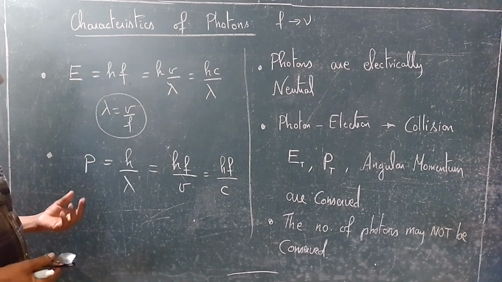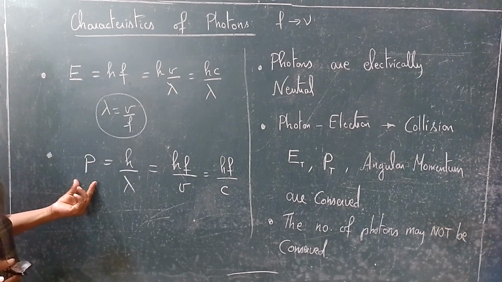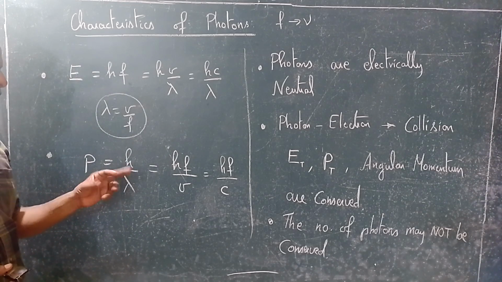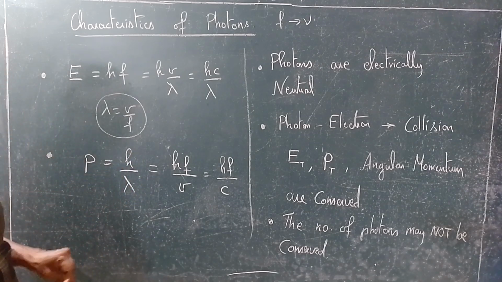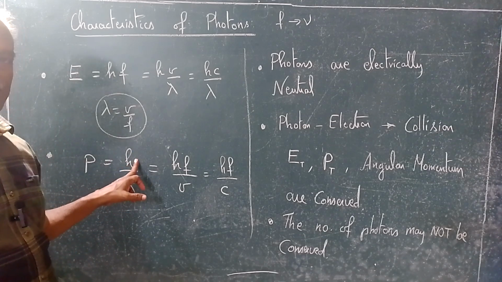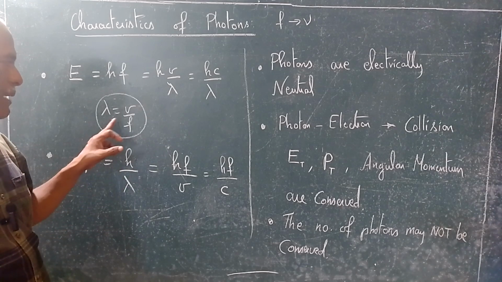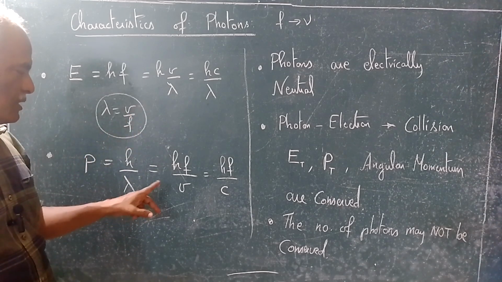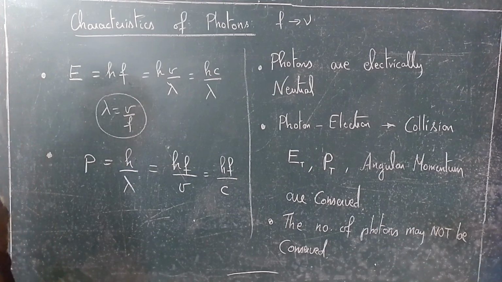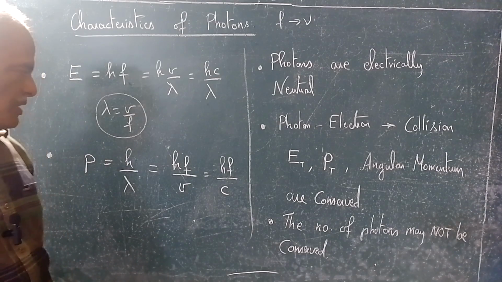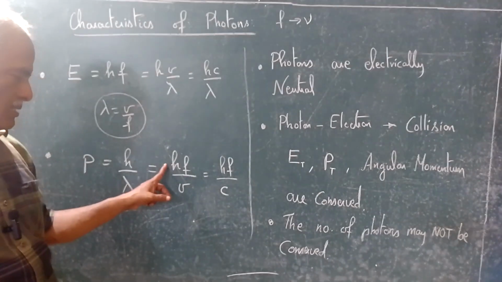Third point, we are talking about the momentum. Momentum p is equal to h by lambda, where h is Planck's constant divided by lambda. Lambda is equal to v by f. You substitute v by f, f will go to the numerator. Once again, if you see, h is constant.